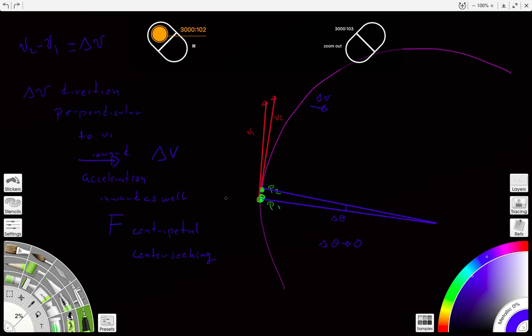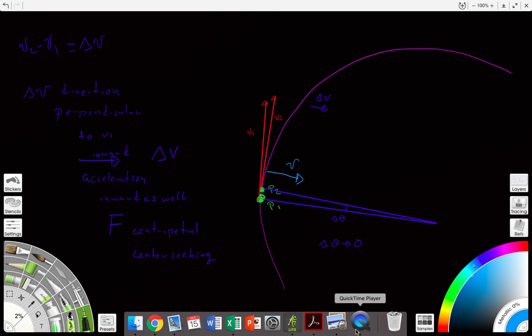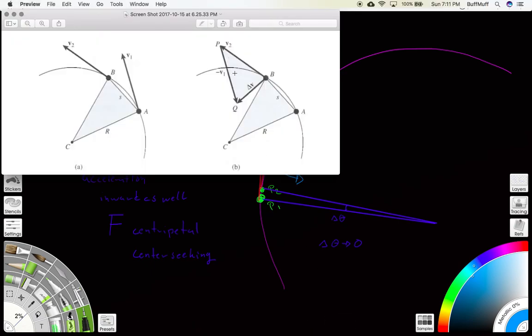But what happens really is, since this change in velocity implies a vector going inwards, as these two vectors get close to each other, this vector becomes more and more perpendicular to V1. When delta theta becomes really, really small, delta V becomes perpendicular to this vector.